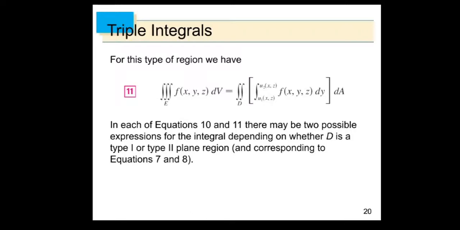We can see our integration from u1 to u2, and the two functions are functions of x and z. So in each of equations 10 and 11, there may be two possible expressions of the integral, depending on whether D is a type 1 or type 2 plane region.